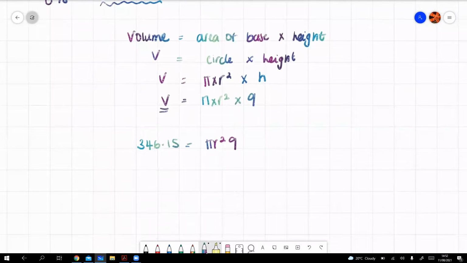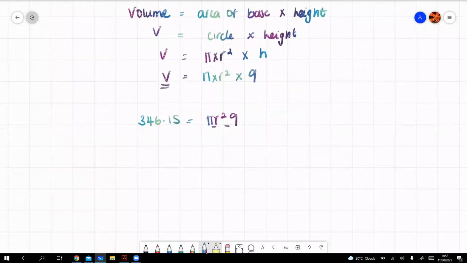I can do that because in maths, I do not have to write down the times sign. If the number and the letter are together, the relationship is multiplication. I'm just going to write that in a different way: 346.15 equals 9 pi r squared. That looks better, because the first one looks a bit odd with the number before the letter.